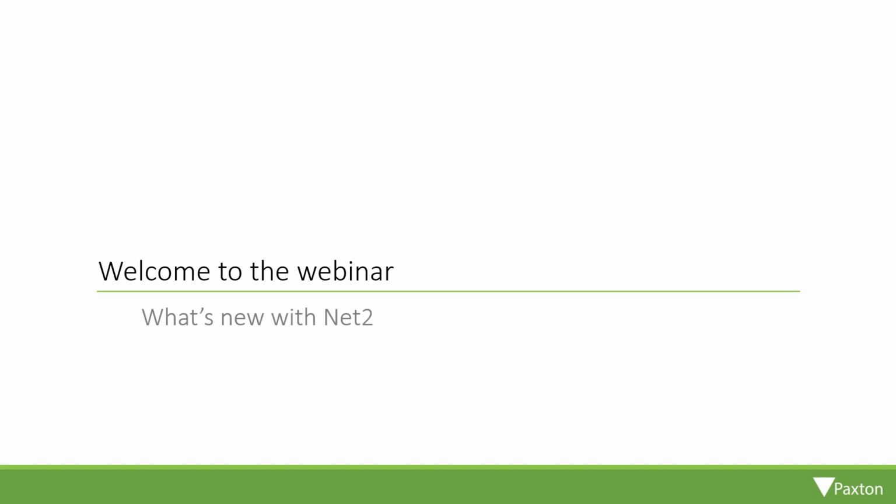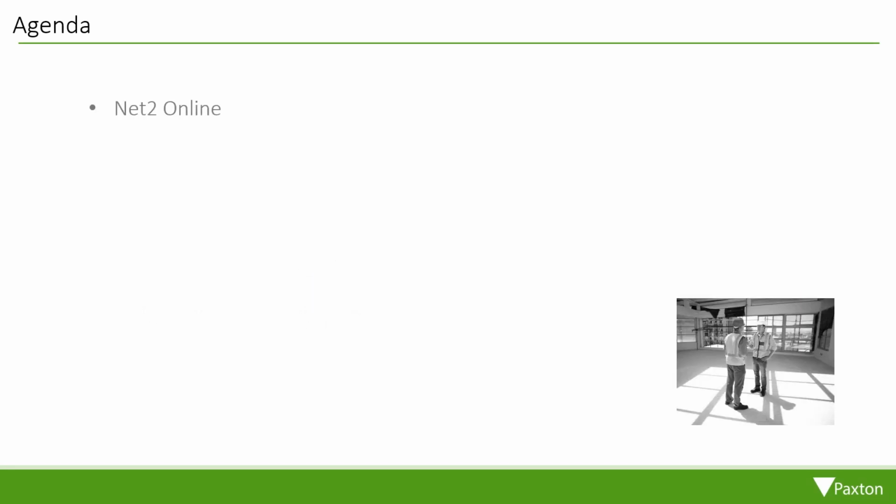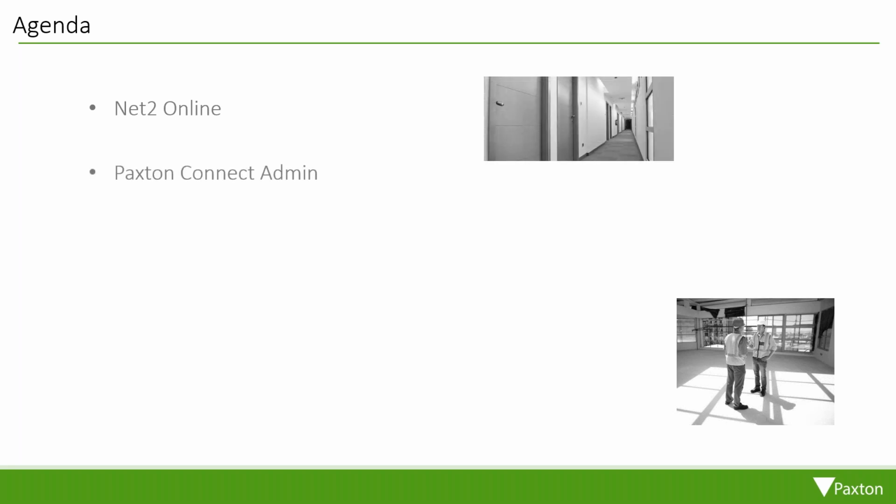Okay. So what I'm going to do is take you through the agenda, first of all, the things we'll be covering over the next 30 minutes. To start off with, I'm just going to be talking about Net2 Online and what's available through that. This will lead us onto the Paxton Connect admin app.